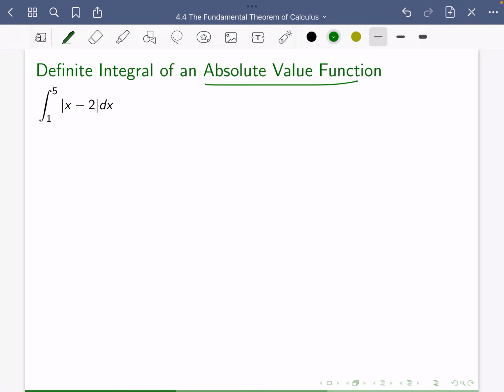So let's look. Here we are integrating from 1 to 5, the absolute value of x minus 2 dx. And so this graph, this absolute value graph, it is the absolute value of x, but it's been shifted left 2 units. So it looks something like this. Nope, it's been shifted right 2 units.